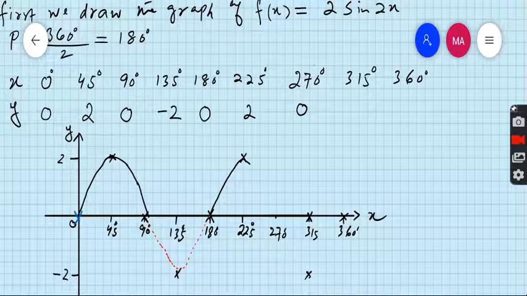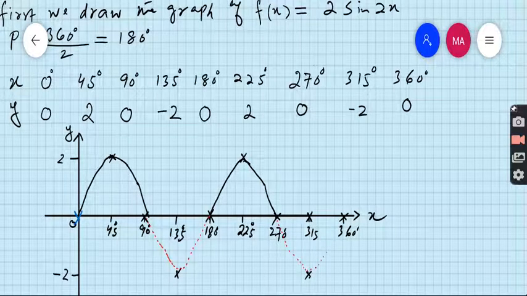So join these points. For 270 the value is 0, for 315 the value is minus 2 and then 0. Now pass through these points and draw dottedly. This is the graph. This cross is wrong. Okay, this is wrong.